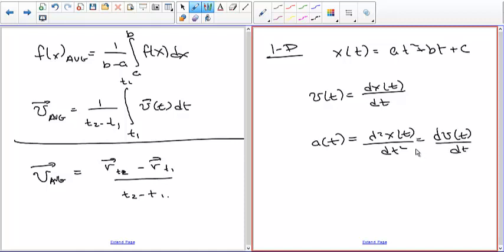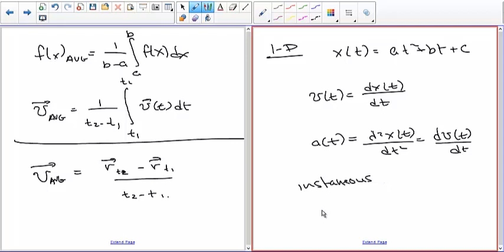So you come up with the equations, and then you can again calculate the instantaneous velocity and the average values. Instantaneous just means that you're going to plug in t into these equations to find v of t at a particular time.